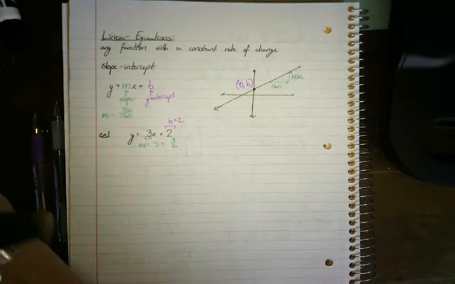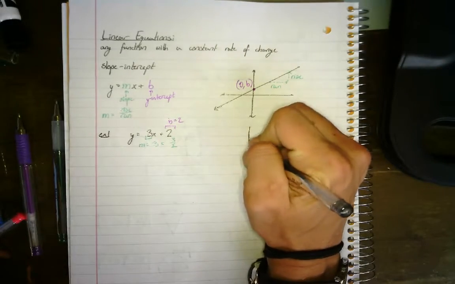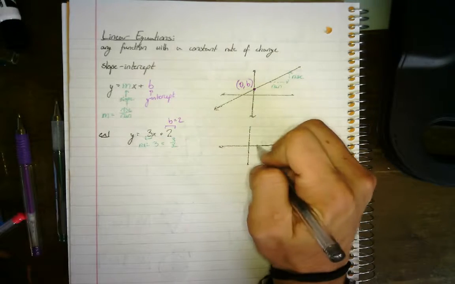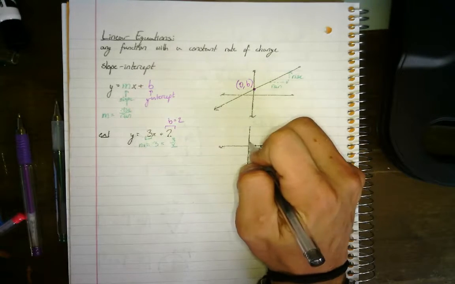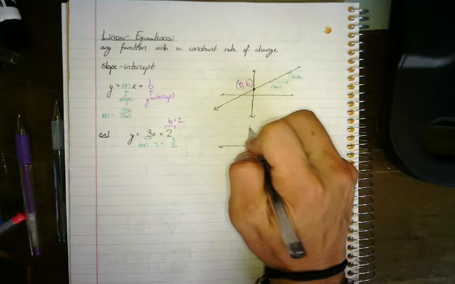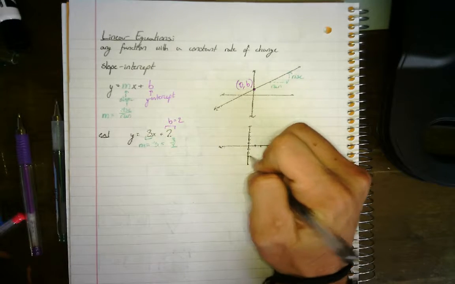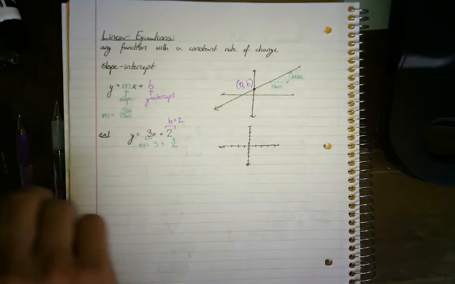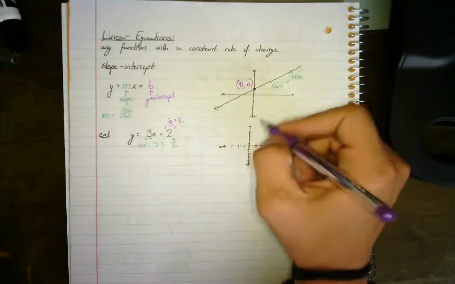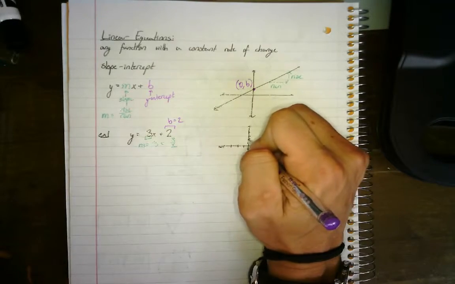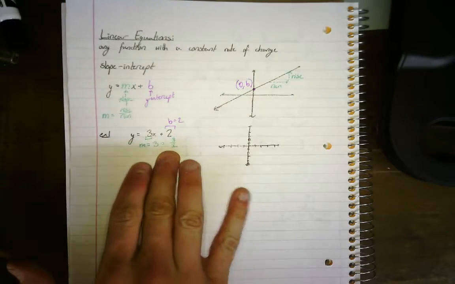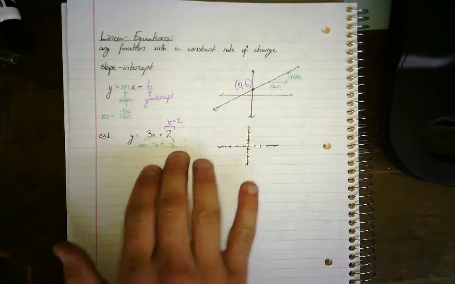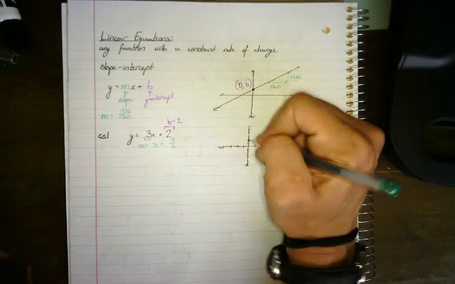So if we wanted to graph something out with all of this, well, we just need to create our axes. We actually need to define our y-intercept, so it's going to start off at 2, and we know that every time we step over one step in the x direction, the horizontal, we're going to increase by 3 in the vertical.